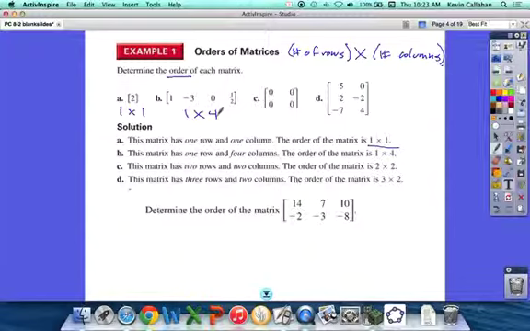Yeah, this one's easy because it's the same anyway, so you would just say 2 by 2. But the last one, there's a difference. How many rows, how many columns? 3 and 2, so you would write it like 3 by 2. How about the one down here? 2 by 3. 2 rows, 3 columns.